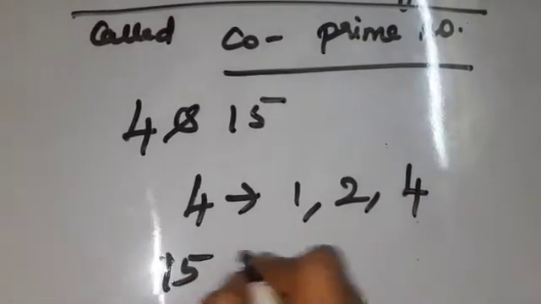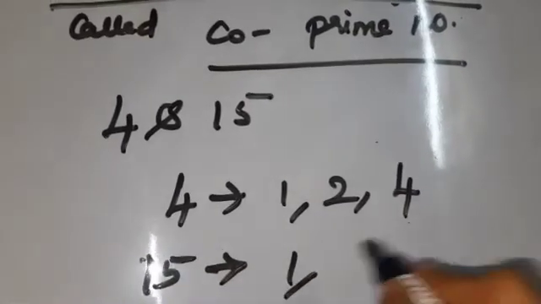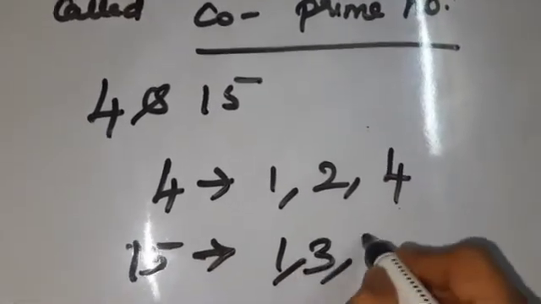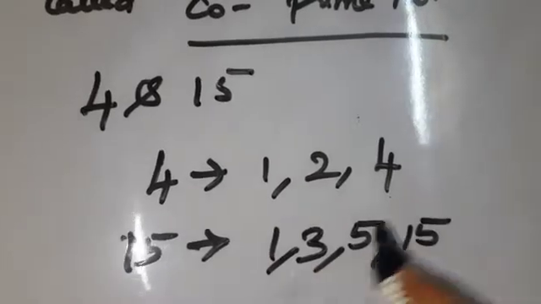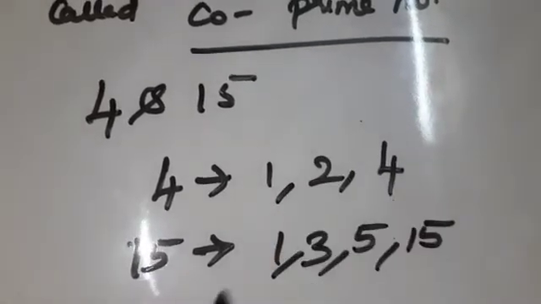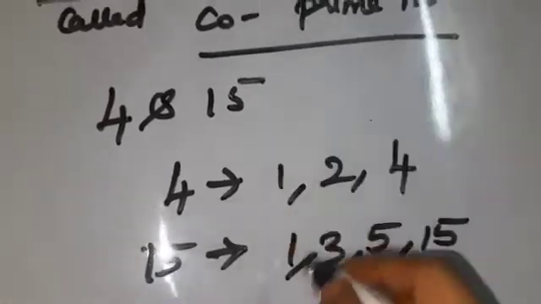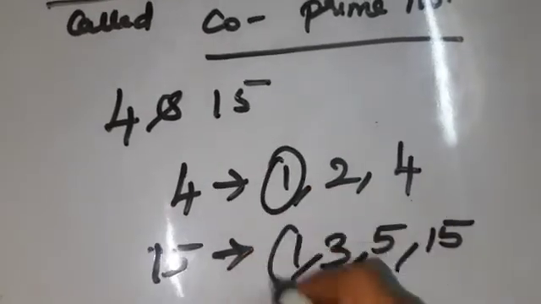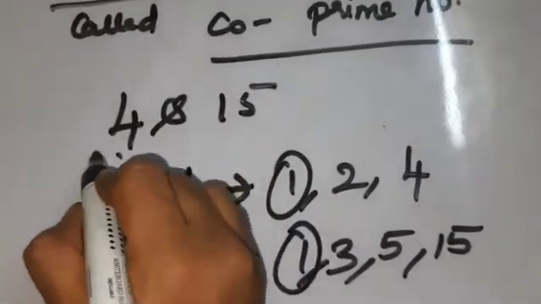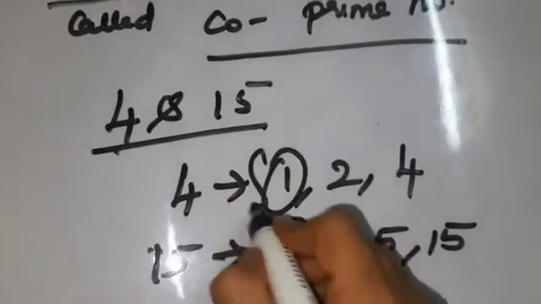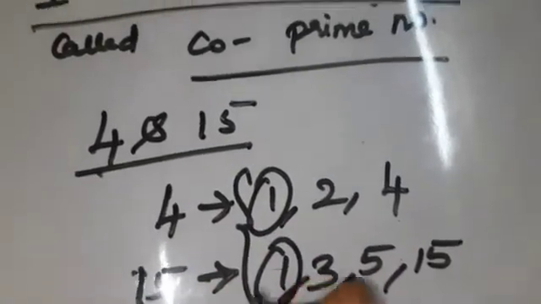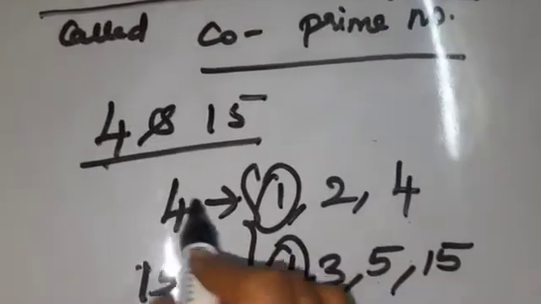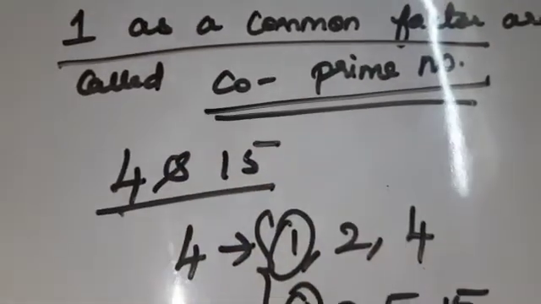For 15, what are the factors? 1, 3, 5 and 15. So among these two sets of factors, which is common here? 1. So for the given numbers 4 and 15, 1 is the common factor. Two numbers having only 1 as a common factor are called co-prime numbers.